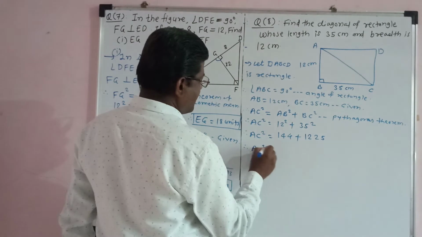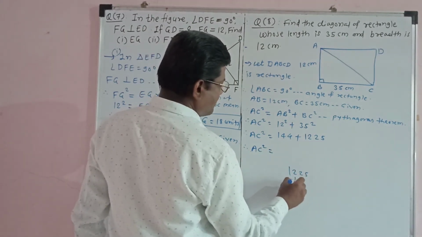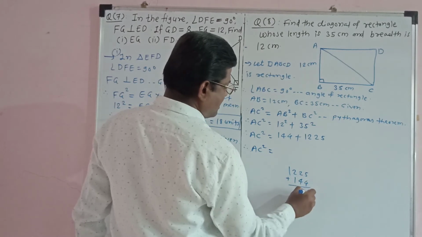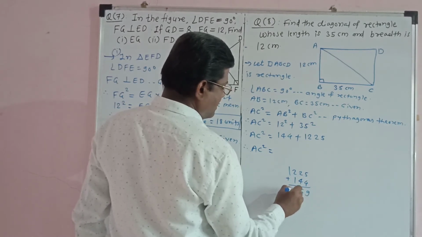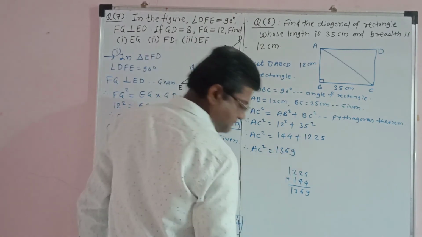Therefore AC square is equal to 1225 plus 144, that will be 1369.